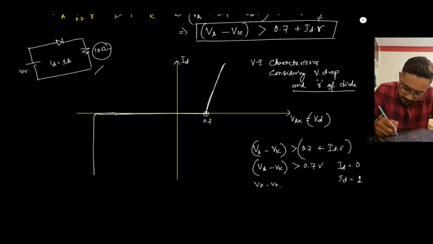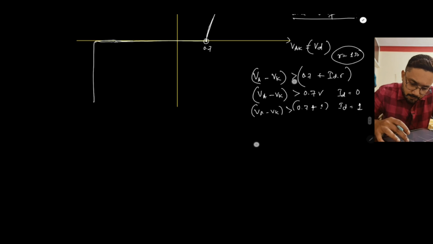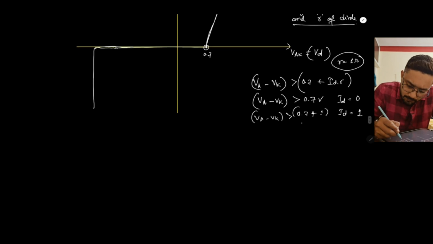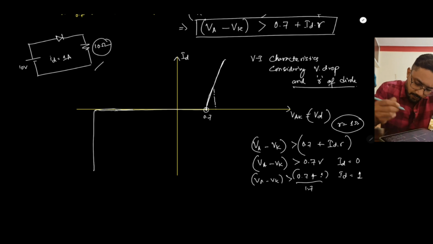So Va minus Vk will be greater than 0.7 plus, let's consider R is equal to 1 ohm. Okay, what will be Id into R? It will be 1. This is 1.7. So where will be 1.7? 1.7 for Id is equal to 1. For Id is equal to 0, it was 0.7.